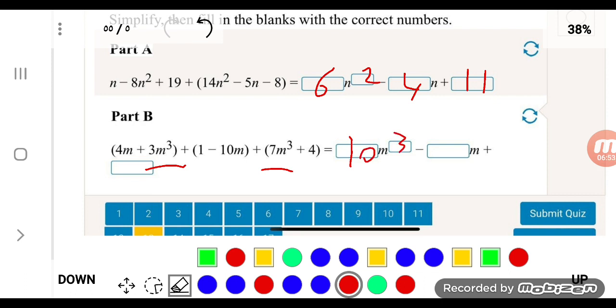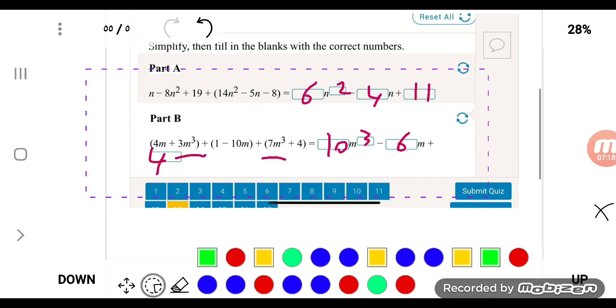And then what about m? 4m minus 10m, you get minus 6m. So here minus 6m, you have the minus already written for you, you write 6. And finally you have 4, so here you write 4. And that is the final answer.